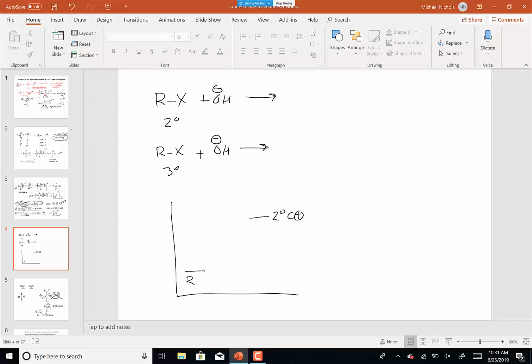And if I wanted to form a tertiary carbocation, where should the energy of the tertiary carbocation go? Should it go above the secondary or below it? Should it go up here or should it go down here? Below?